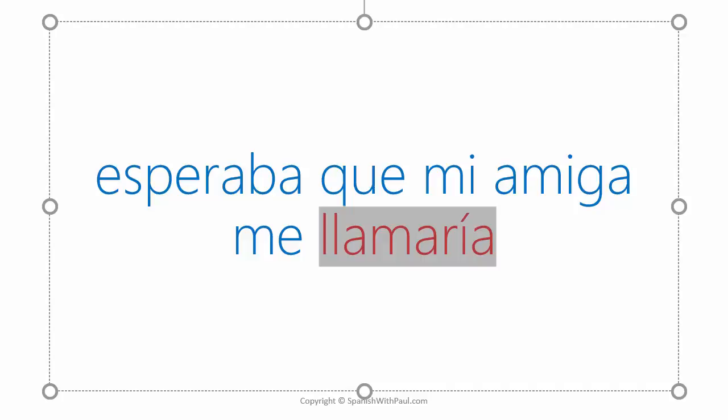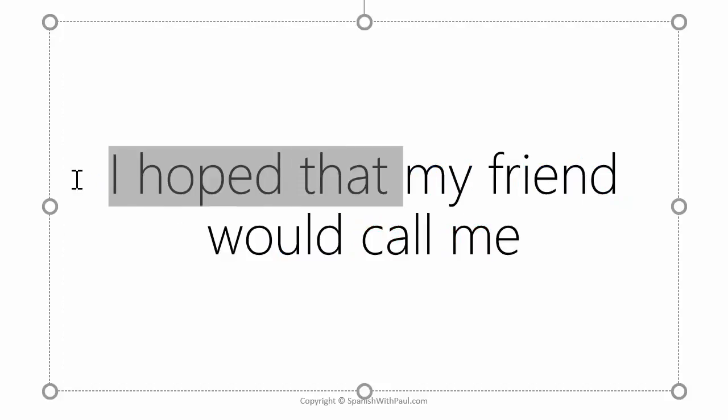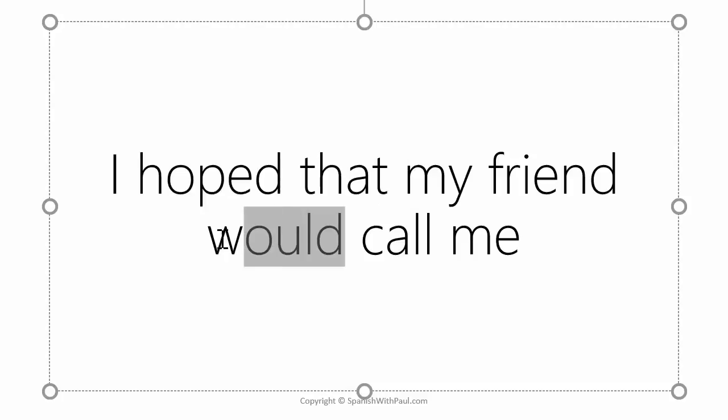We're going to have triggers in the past, such as I hoped that, followed by a verb that's going to use the conditional, meaning would or could. So, after a past trigger, you have to avoid the temptation to put these verbs into the conditional. Llamaría, llamarías, llamaríamos, and so forth. Instead, you have to continue to use the past subjunctive, even though in English you would use the word would. Let's give it a go. It'll become clearer with a bit more practice.